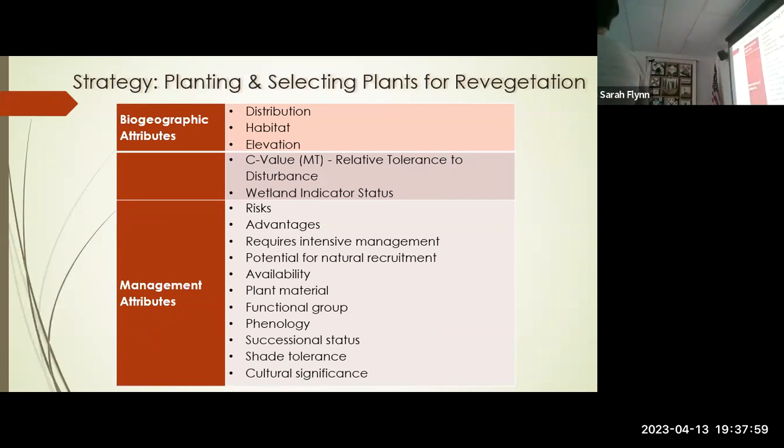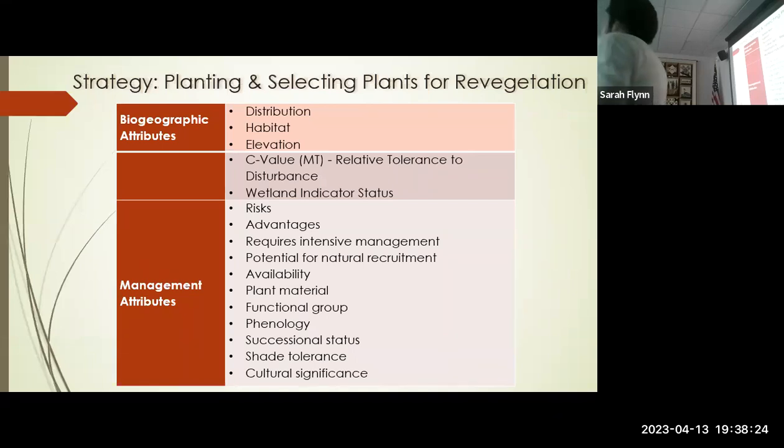So when we think about what kind of plants we want to put in our plantings, we primarily only plant native plants. We want to get the species that are supposed to be in these riparian areas, ones that are from this geographic area and at the right elevation for the species that we're targeting.